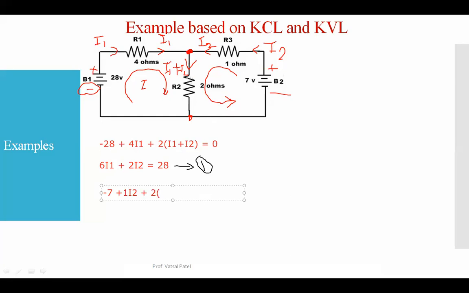So we write I1 plus I2 again, because it is the common branch between both loops, and it is equal to 0. If you rearrange this equation, can I write 2I1 plus 3I2 is equal to 7. This is our second equation now.